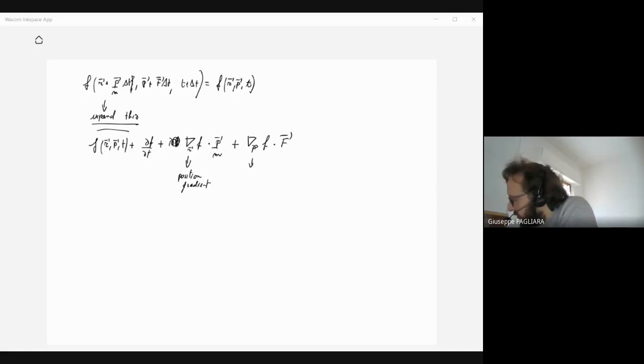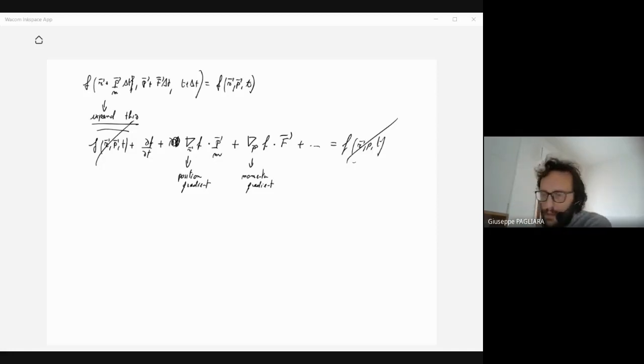So this momentum gradient. Well, plus other terms, and this is equal to f of r p t.